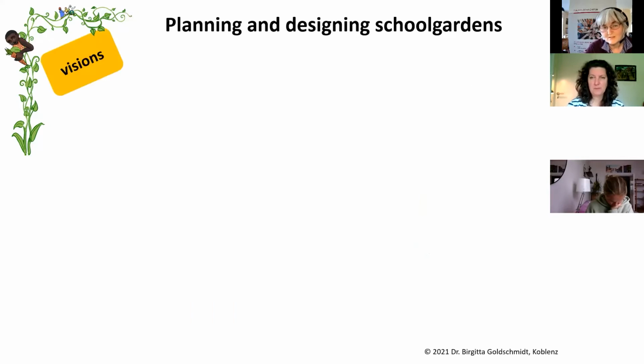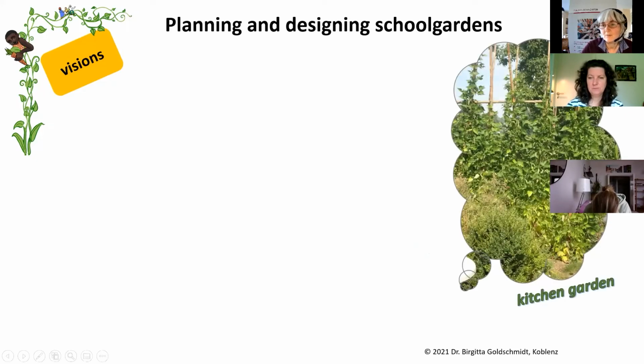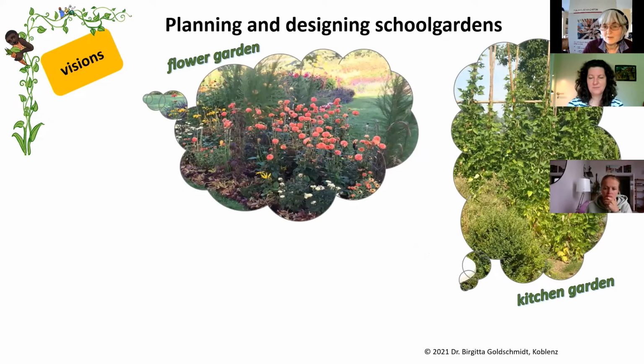So if we begin to plan a school garden, we have at first to consider what are the different visions we can have for our garden. Do we want to have an edible garden, a kitchen garden where we plant edible plants and perhaps make something with them in the kitchen of the school? Or do we think about a flower garden? Do we have a vision of beauty and flowers and colors in our garden?